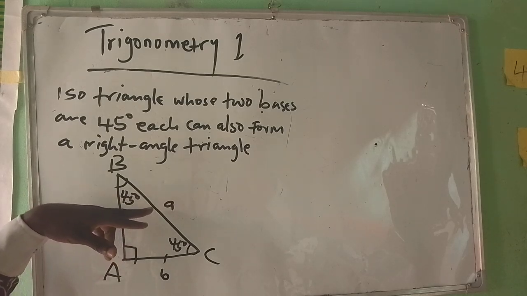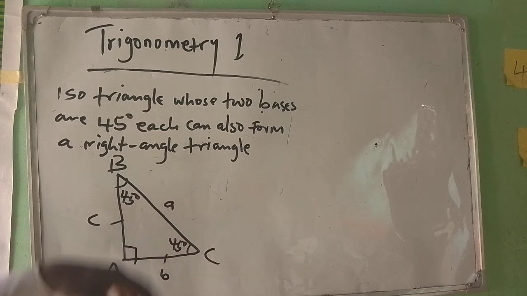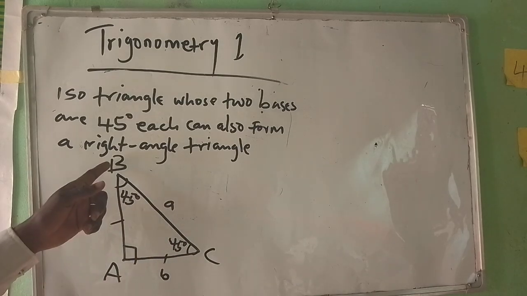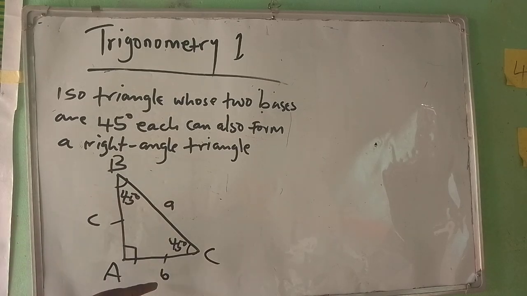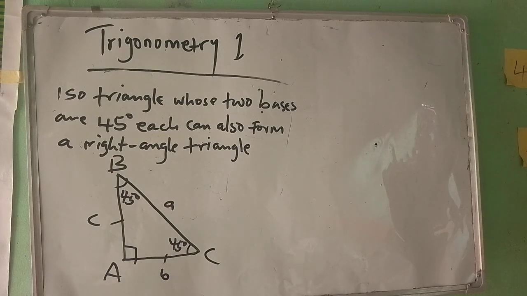A is opposite BC, which is small letter a, and B is opposite AC, which has small b as the side. The same thing is applicable to C. So take note of that so that we can progress as I explain it deeply for you to understand.